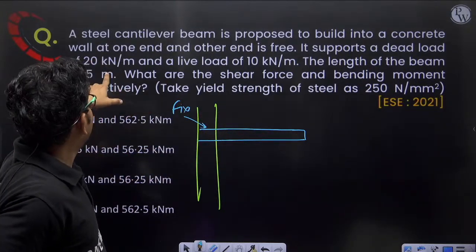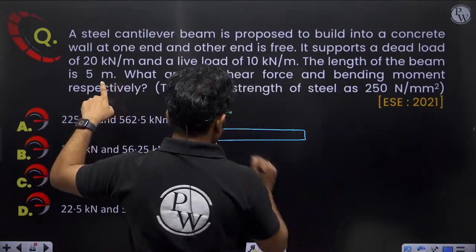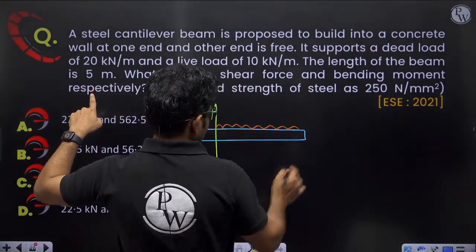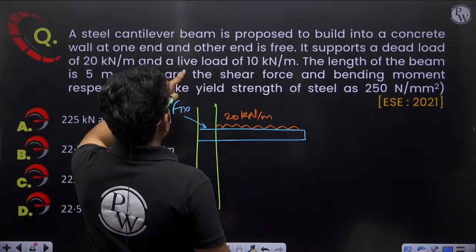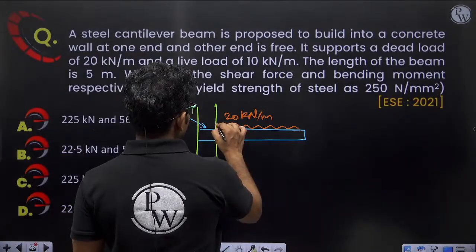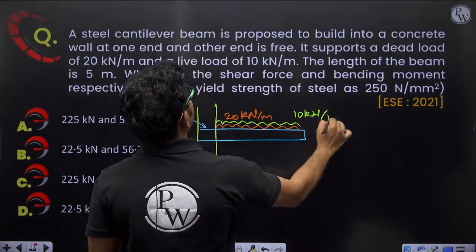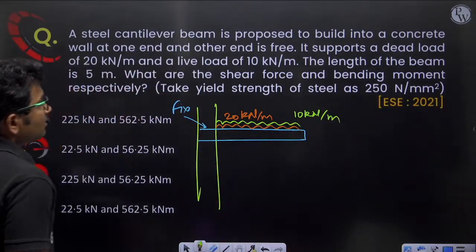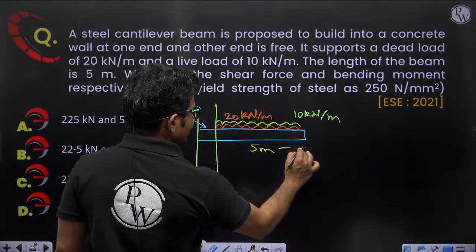It supports a dead load of 20 kilonewton per meter. So let us apply a dead load of 20 kilonewton per meter and a live load of 10 kilonewton per meter. The length of the beam is 5 meter.